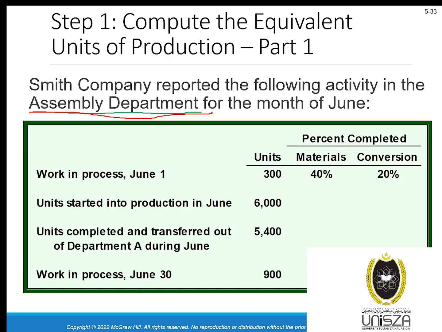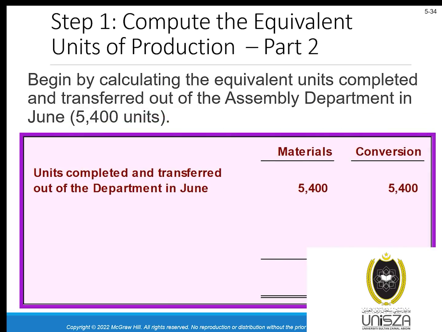Units started into production in June are 6,000, and units completed and transferred out are 5,400. This is the number of units completed. And the ending WIP is 900 units with the percentage of completion 60% and 30% for materials and conversion respectively. So units completed and transferred out of the department in June is 5,400 for both materials and conversion.